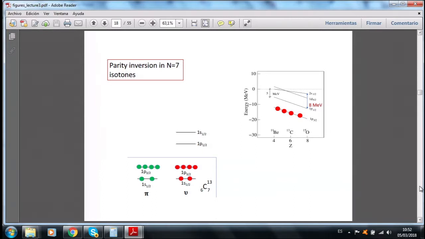So this was a clear opportunity. Of course, particle-vibration coupling is not something that appears spontaneously only in beryllium-11. It should appear also in carbon-13, oxygen, etc. I will show you first the calculation for beryllium-11, but then we will see that this is a progressive behavior of the levels when you move in the isotope chain.